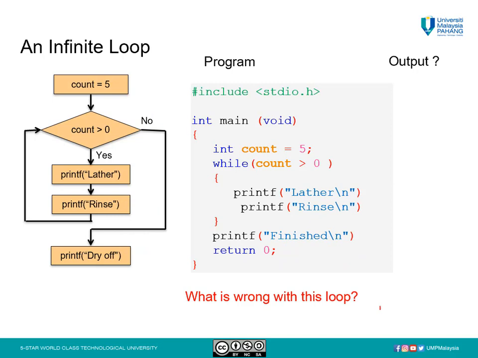Let's look at another type of loop, which is the infinite loop. Let's say here we have count equal to 5, and then after that we check whether count is larger than 0. If count is larger than 0, we execute the printf, and then we go back up and check again whether count is larger than 0.